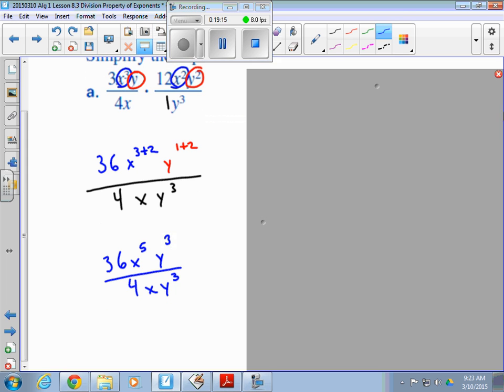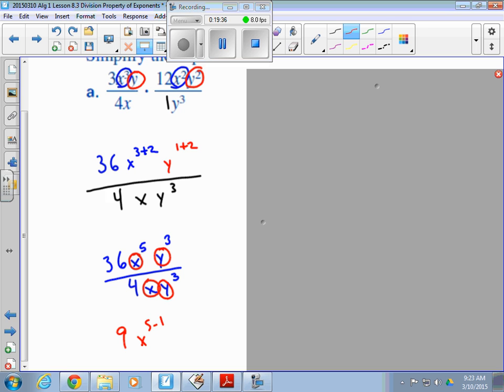Divide 36 and 4. You know you're going to get the number 9. Then you're dividing the same bases, x and x. That's x to the 1st power at the bottom. Since you're dividing the same bases, you subtract the exponents. X to the 5 minus 1. Same thing with your y's.